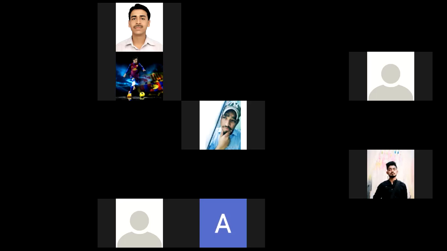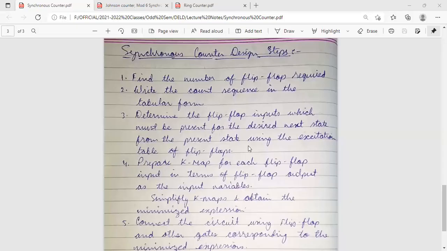Okay, so let me share that PDF. Are you able to see the PDF? Yes, sir.